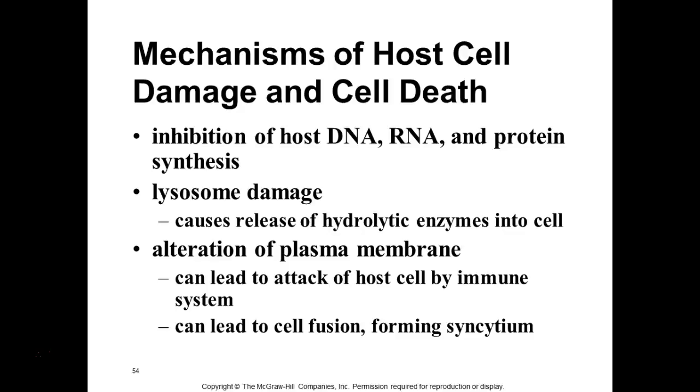That cell's not good. That cell's behaving badly. It must go. It attacks and kills that cell. And that inflammation that we're going to talk about later is your immune system responding, those white blood cells going to that area and killing the cells that are infected and trying to stop the spread of that infection.